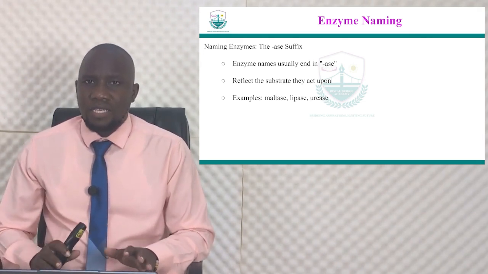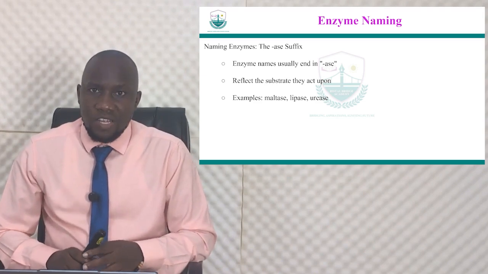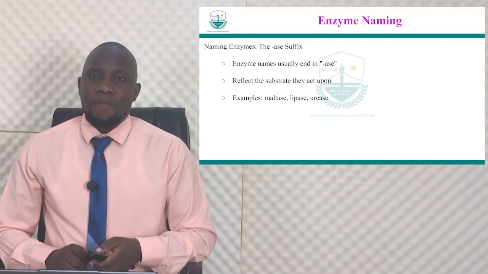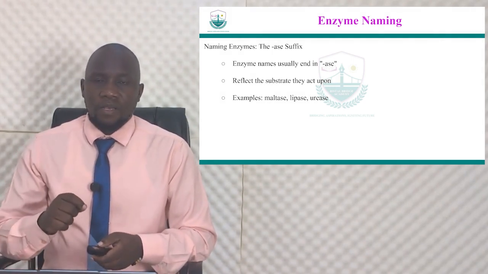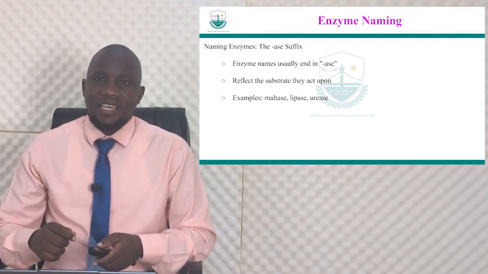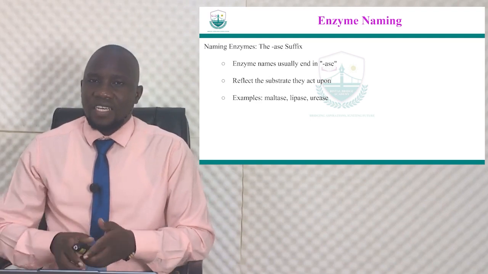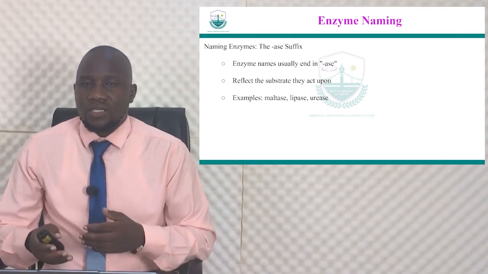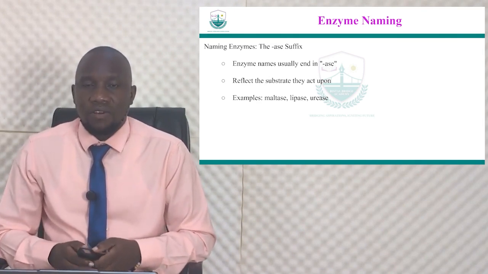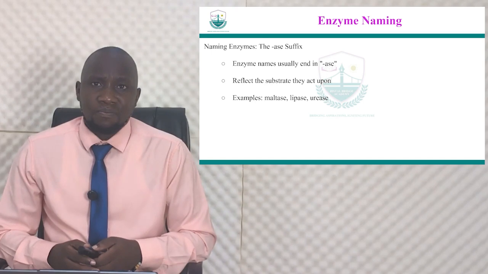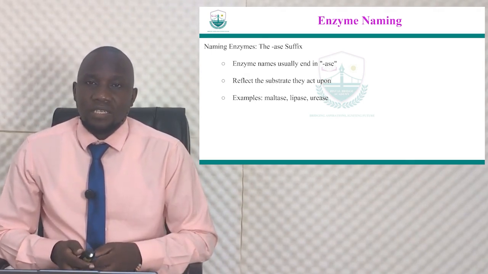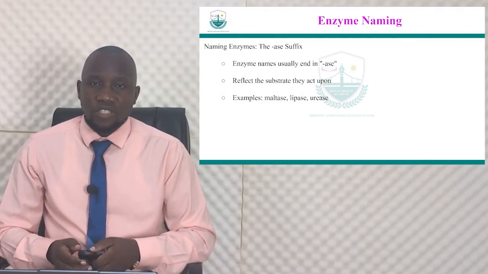So when you see such, you should be able to know that we are dealing with an enzyme in this case. And like you have seen, lactase, that is an enzyme acting on lactose. Okay, lactose is a sugar that we actually find in milk, and in our scenario, it's actually what we are talking about.